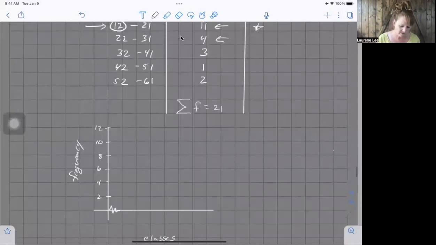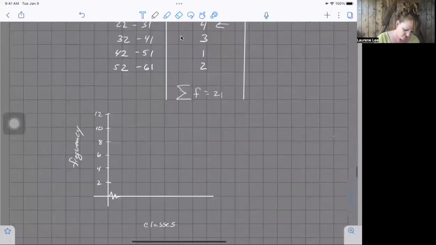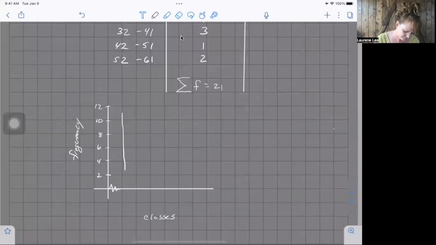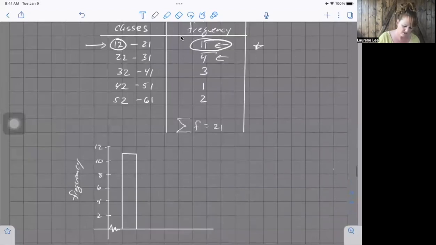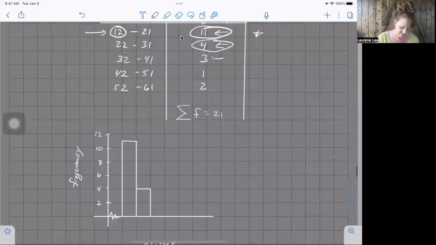So the first bar is going to be 11 high. Whatever your frequency is, that's how high the bar is. So I'm going to draw that one right here. My next one is going to be 4 high. My next one is going to be 3 high.